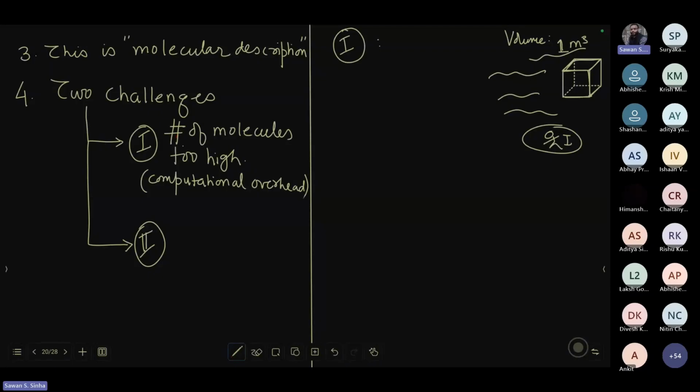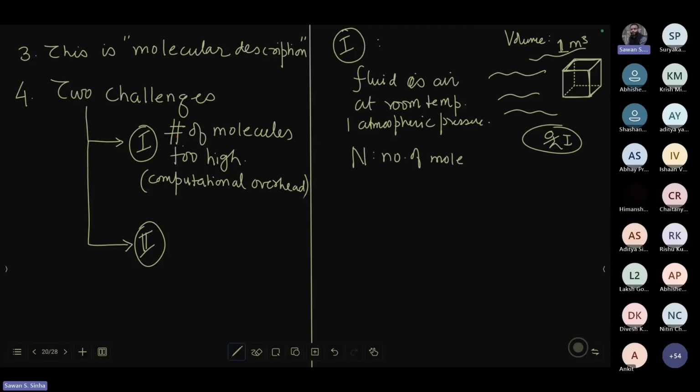Now, if this fluid is air at room temperature, one atmospheric pressure, and if I call n the number of molecules in 1 meter cube.